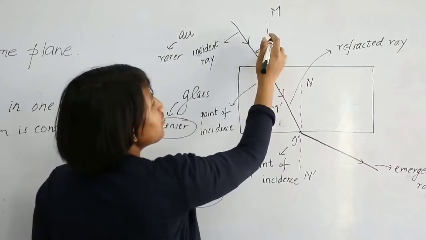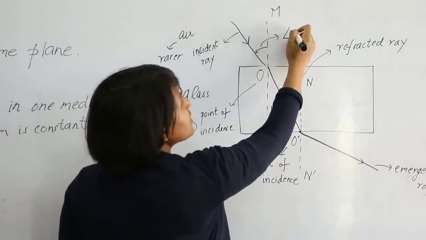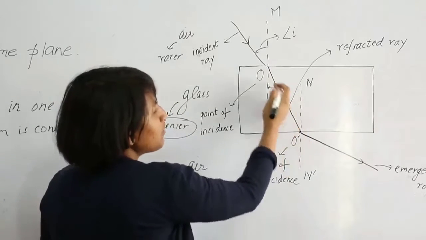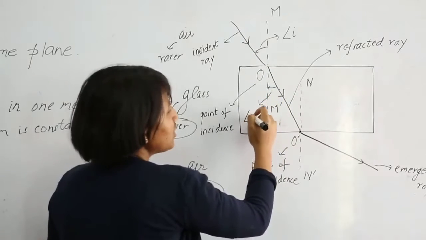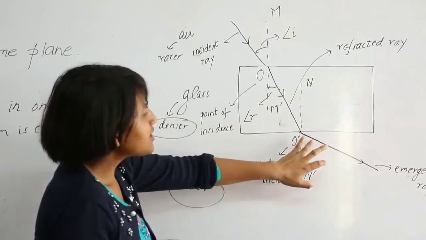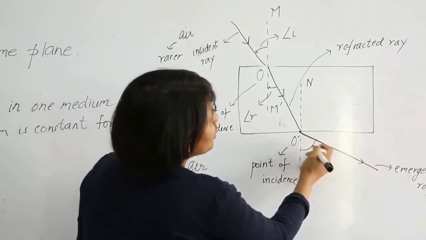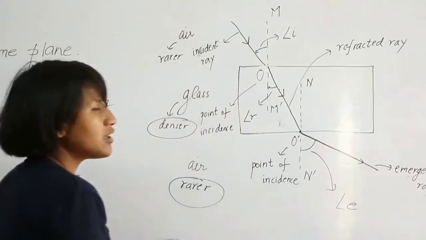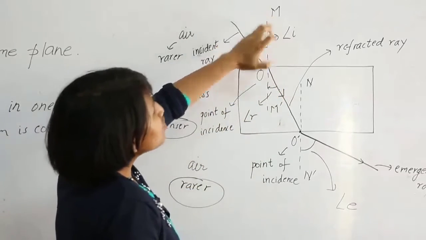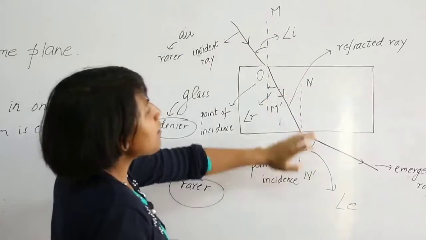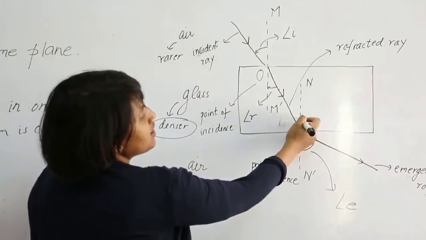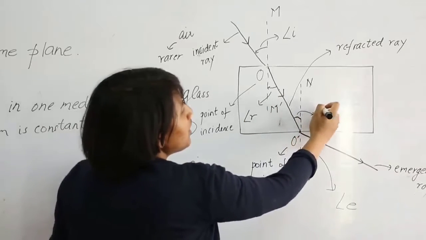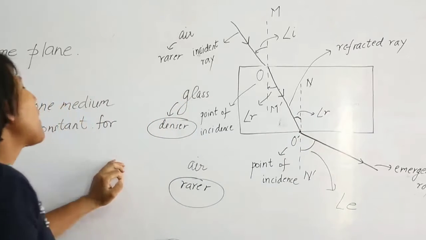The angle which the incident ray makes with the normal is called the angle of incidence, denoted by angle I. The angle which the refracted ray makes with the normal is called the angle of refraction, denoted by angle R. The angle which the emergent ray makes with the normal is called the angle of emergence, denoted by angle E. The normals MM prime and NN prime are parallel, so the alternate angles are equal, and this value will also be angle R.